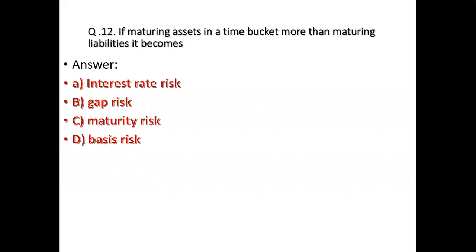Maturing liabilities are always outflows, maturing assets are inflows. A positive gap or negative gap will arise. I think we have discussed this in balance sheet management, but this is gap risk.